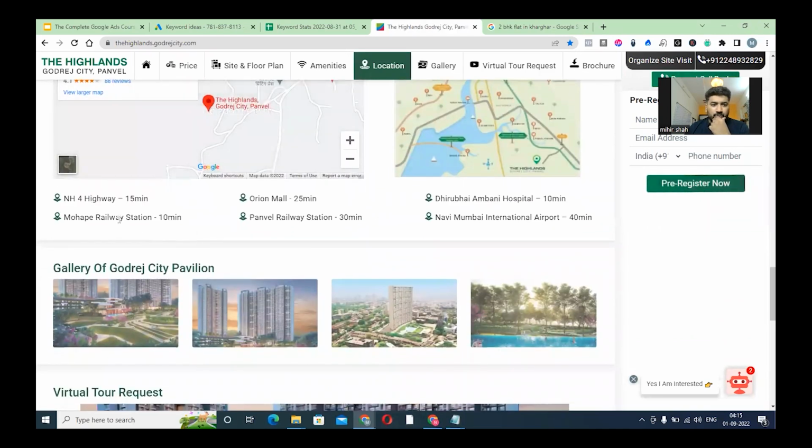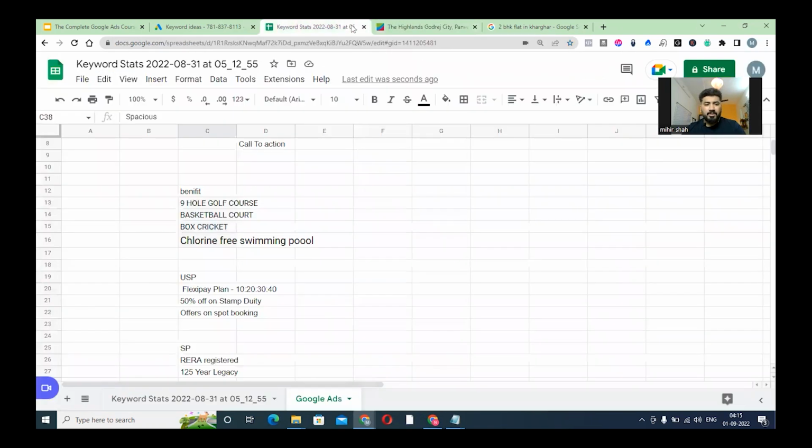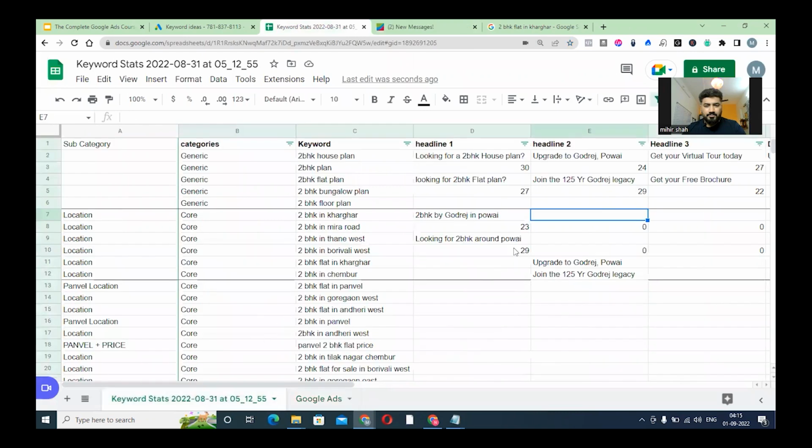What we can do is use one of these. National 15 minutes from highway, 25 minutes from Mahape station, hospitals. Okay, so what I can pick from here is... Oh, it's gone as far as 54.